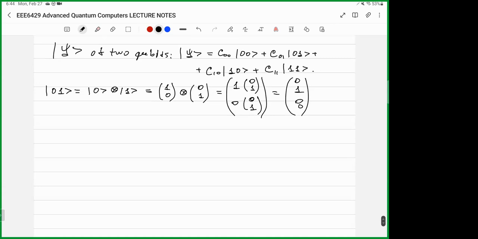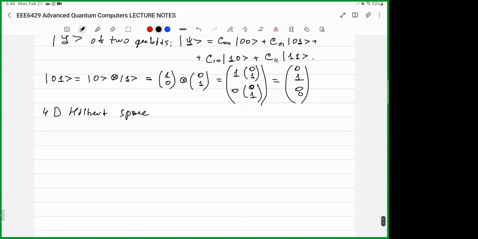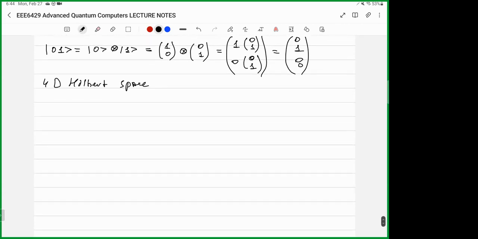And this Hilbert space became four-dimensional because I have the tensor product of two-dimensional Hilbert spaces, right?